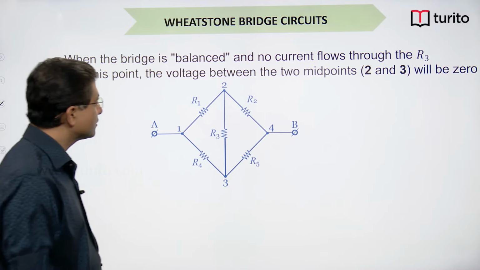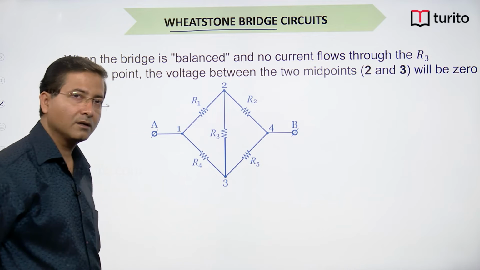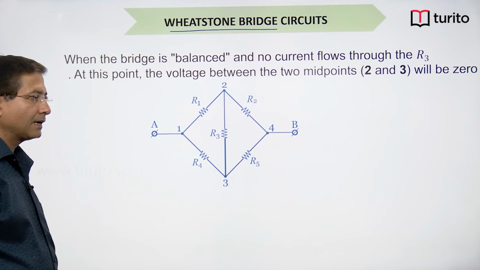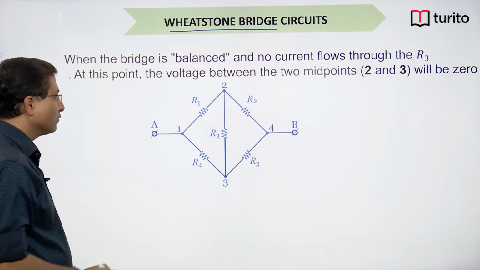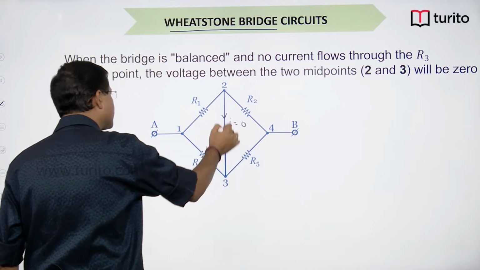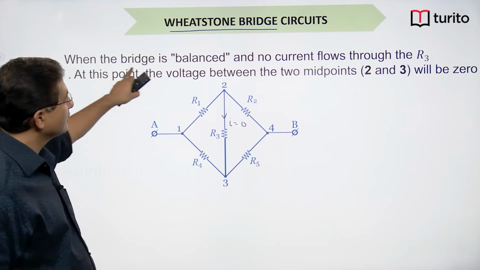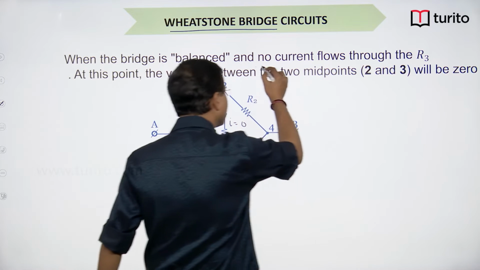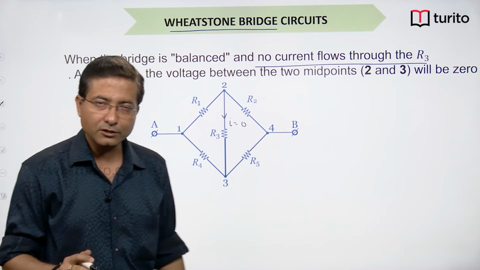So Wheatstone bridge. If resistors are connected this way, this is called a Wheatstone bridge, and a Wheatstone bridge is said to be in balance state when there is no flow of current through this resistor. So if there is no current flow through R3, then it is called a balanced Wheatstone bridge.